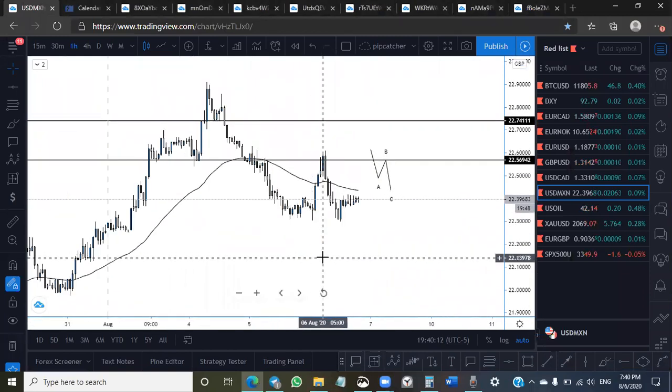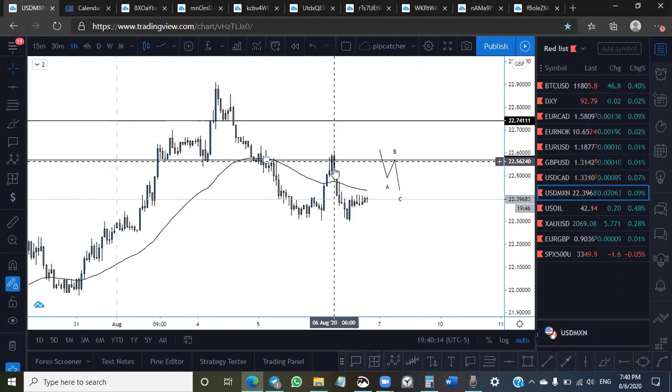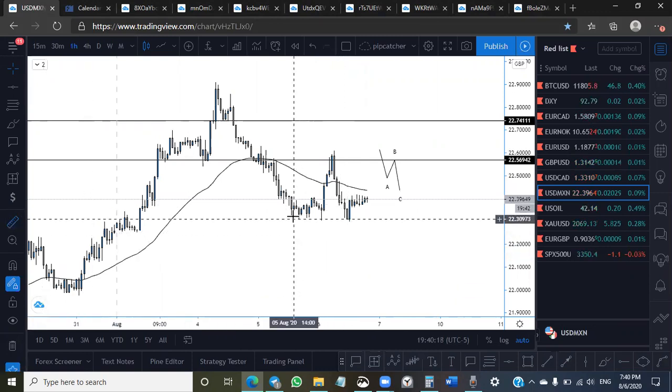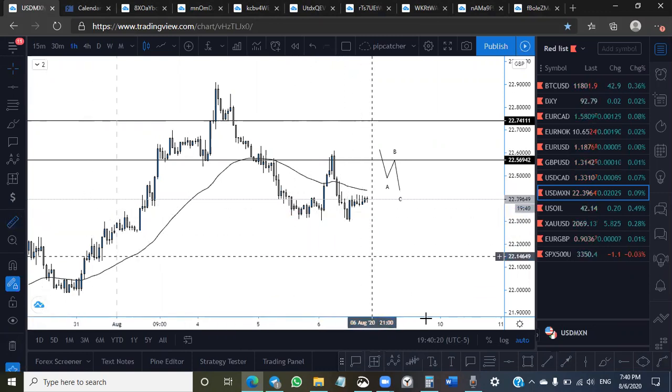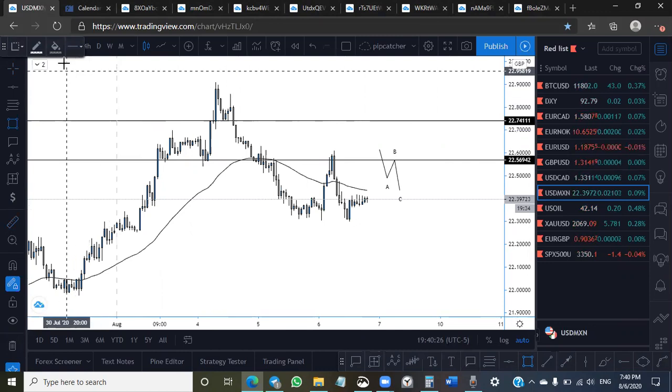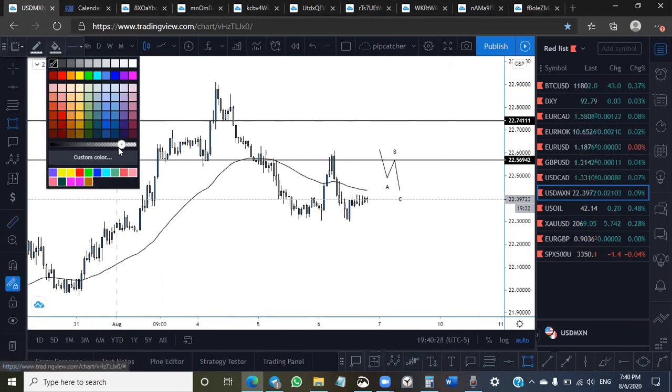Now, you can see we got a nice rejection to the downside. First take profit was at these lows right here.